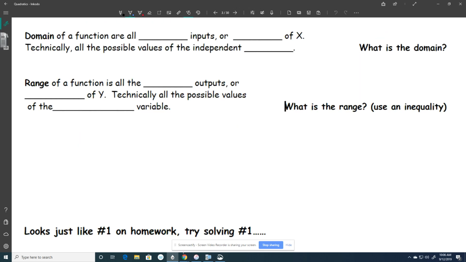So remember, domain is the domain of a function, I guess, are all the possible inputs or values of x. So it's all of the different things that I can plug into x. Technically, in the math world, we say that it's all the possible values of the independent variable.